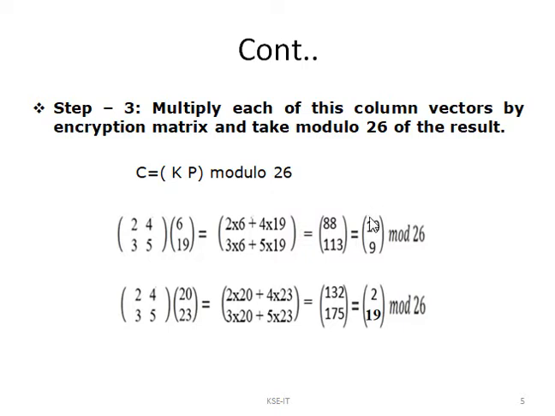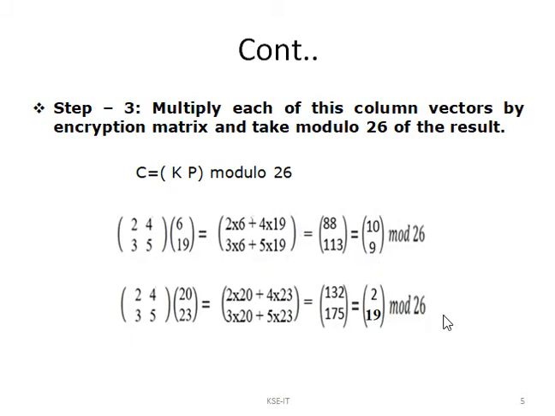So write down here the remainder, that is 10. For 113, modulo division by 26, you will get the remainder 9. 113 divided by 26, that is 26 4s are 104, and you get the remainder 9.